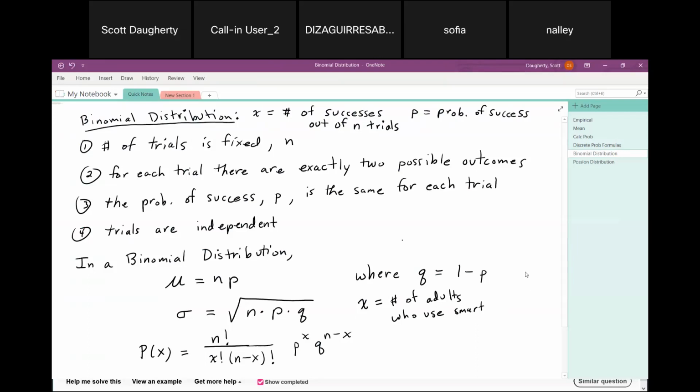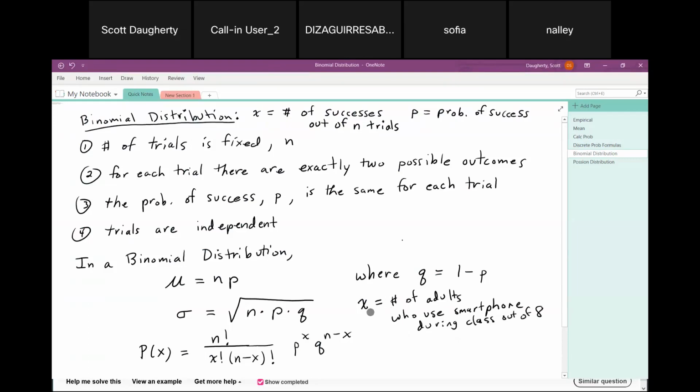I'm just going to say during class to make it easier, out of the 8 that we sampled. So this is our random variable.